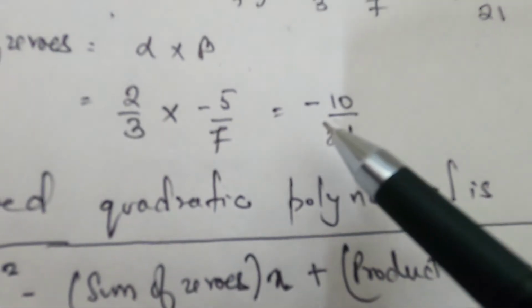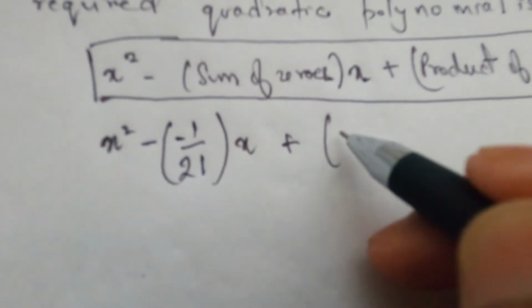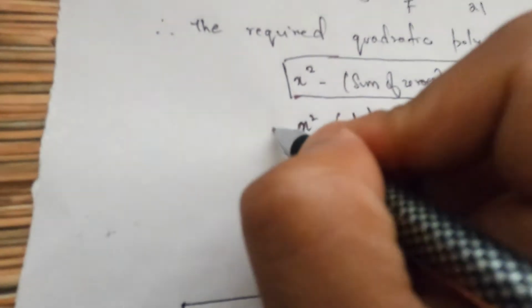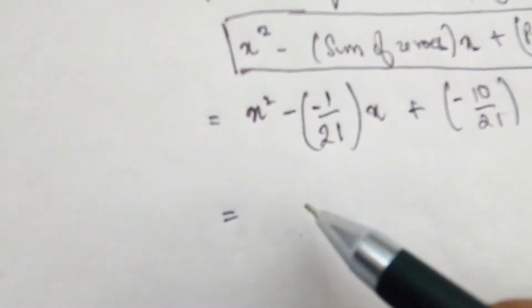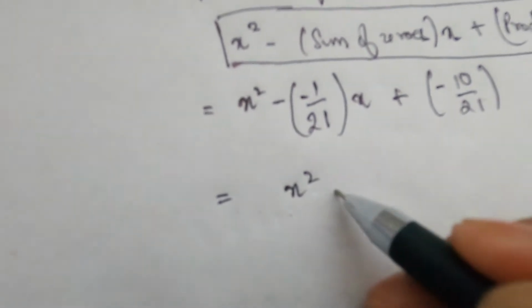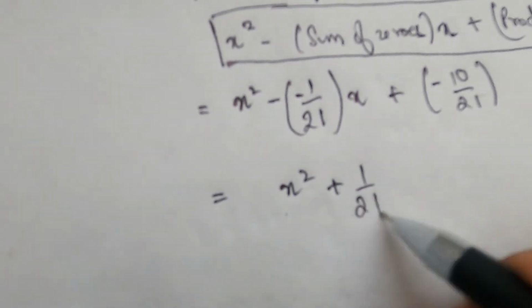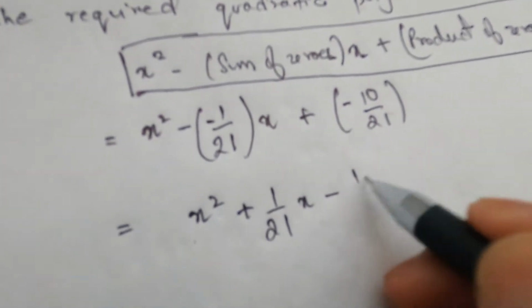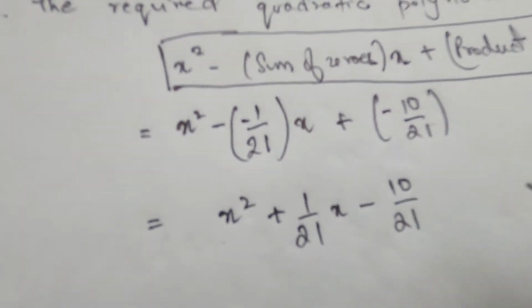How much are we getting? Minus 10 by 21. Minus into minus will be plus, so it will be x square plus 1 by 21 x plus into minus will be minus 10 by 21.